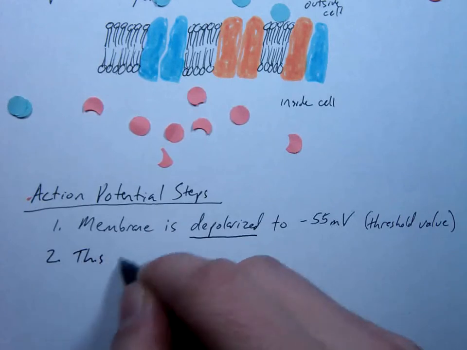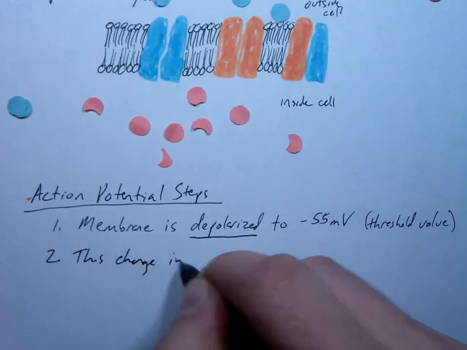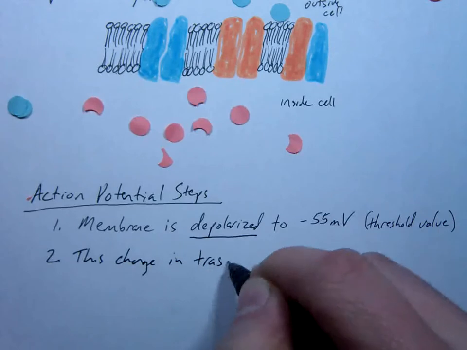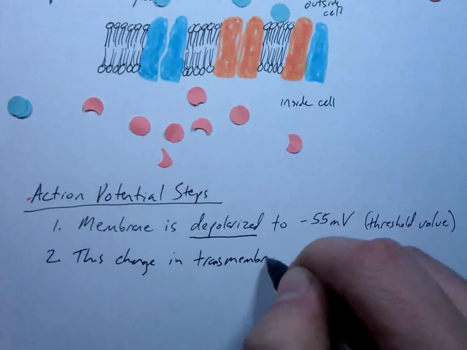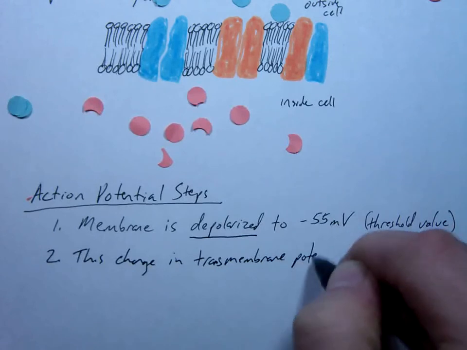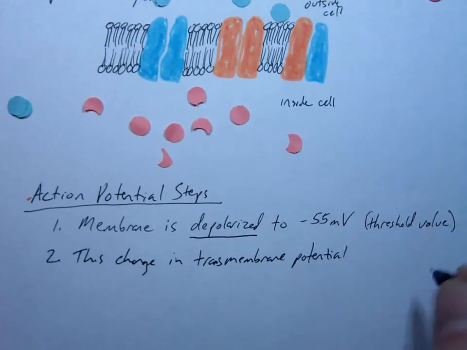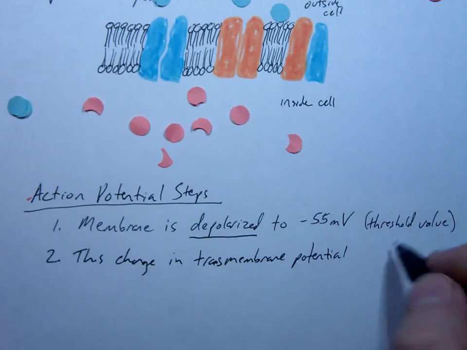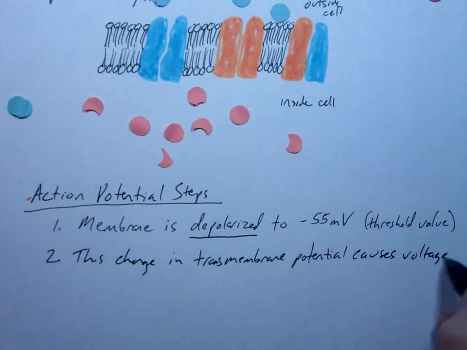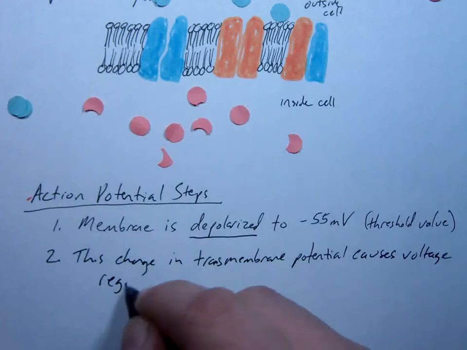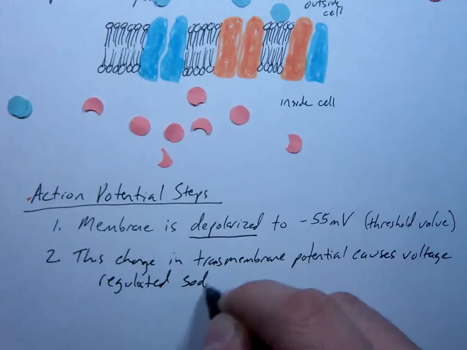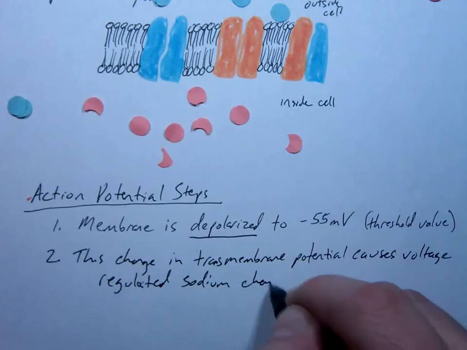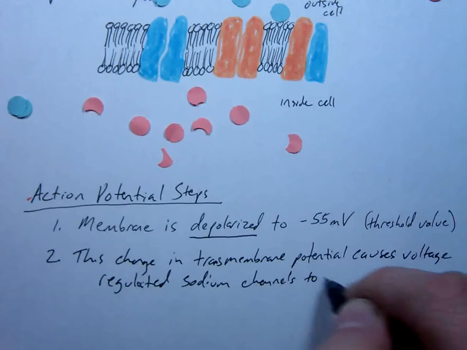This change in transmembrane potential causes voltage regulated sodium channels to open.